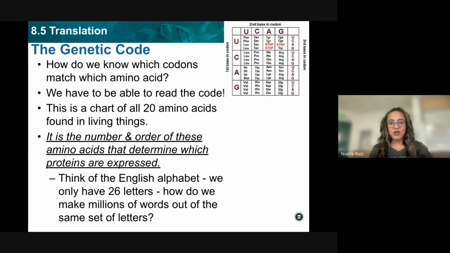This is not something you guys will have to memorize, but we are going to learn to read it today. It is the number and order of these amino acids that determine which proteins are expressed. And the proteins that get expressed translate to the genes that we see about ourselves.